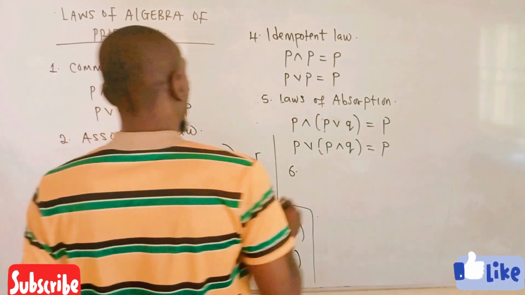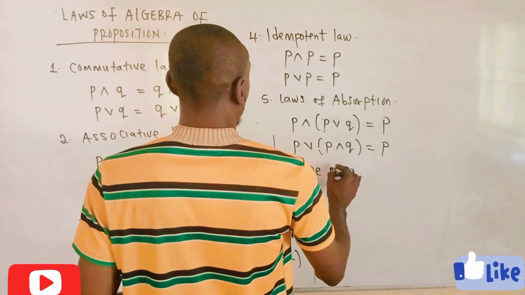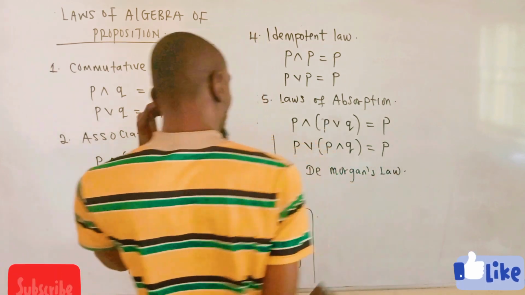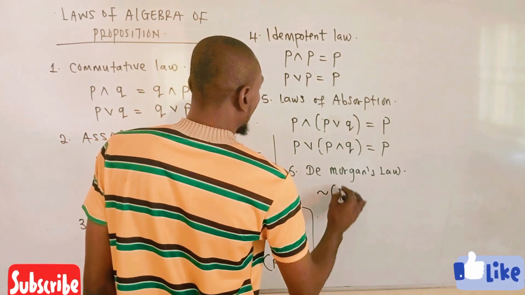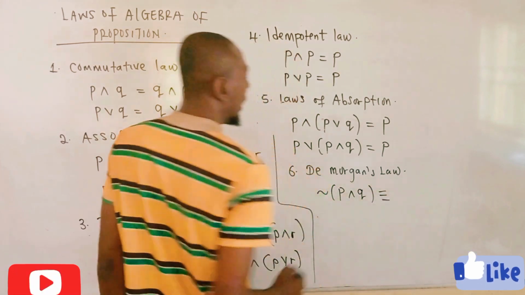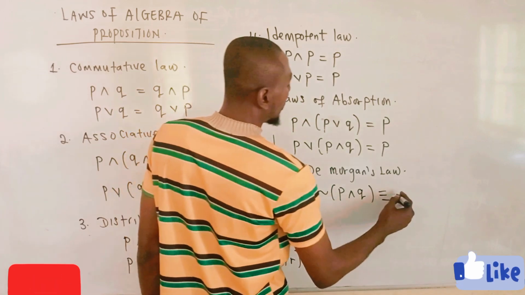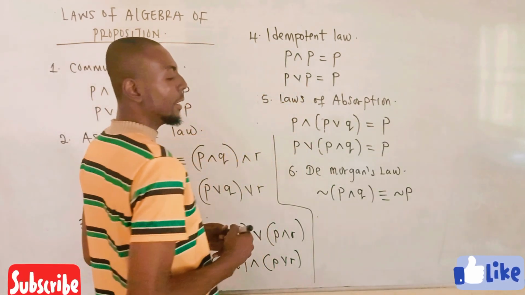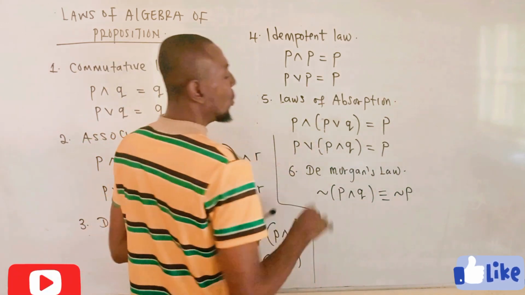Number 6, we have De Morgan's law. De Morgan's law says that the negation of (P and Q) is equivalent to negation of P, but you change the sign. If the sign is and, then the sign here will be or.